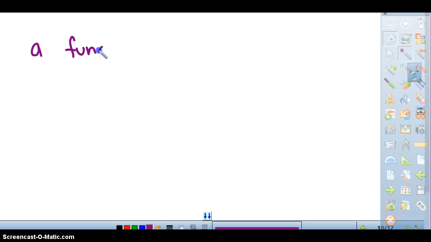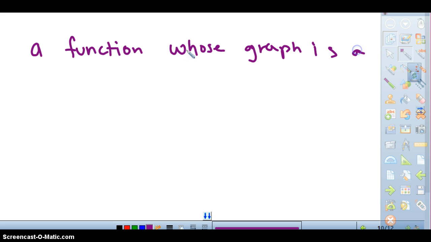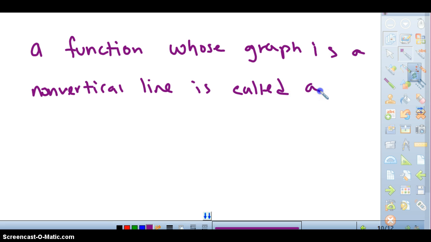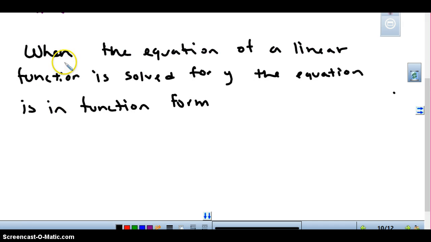So a function whose graph is a non-vertical line is called a linear function. When the equation of a linear function is solved for y, the equation is in function form.